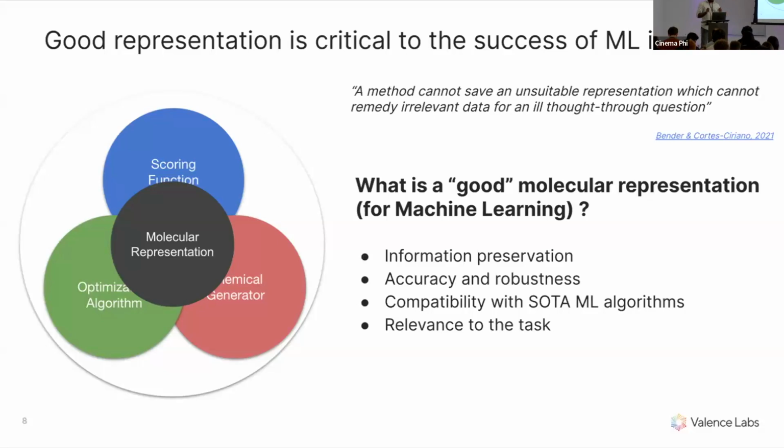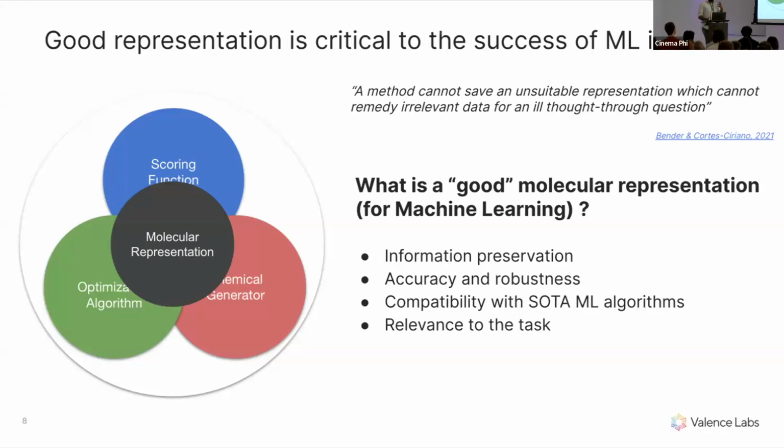And also very critical is that your representation needs to be relevant to the task that you're trying to predict. By that, I mean that if you decide that your representation is just counting the number of hydrogen bonds in your molecules, and you use that to predict, let's say, the metabolic stability of your compound, it is very unlikely that it works.